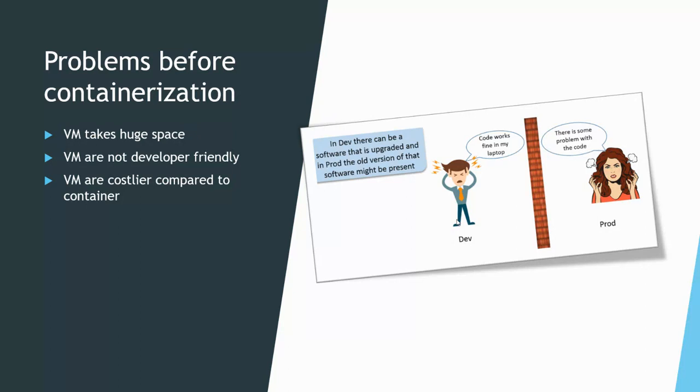But at the same time, VMs are a bit costlier. When compared to physical machines, VMs are cheaper. When compared to VMs, containers are much cheaper. That is like how humans evolve, right? Initially you may be spending more, then you reduce your expense to a certain extent.